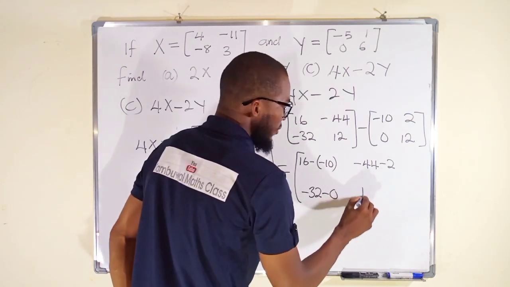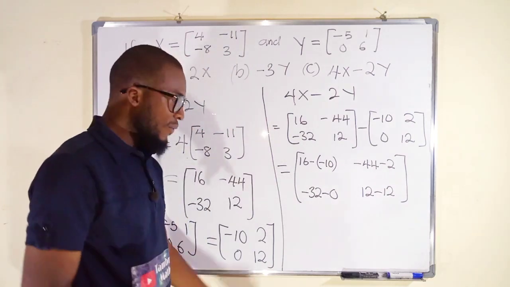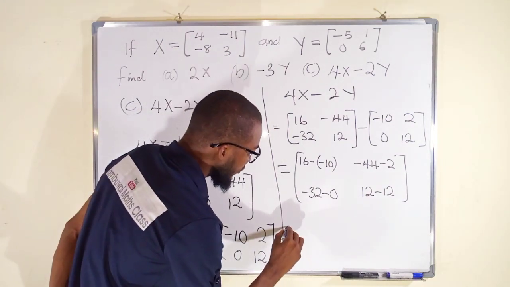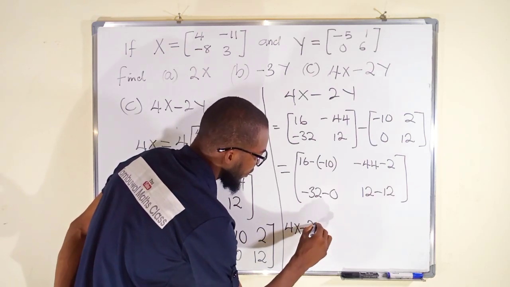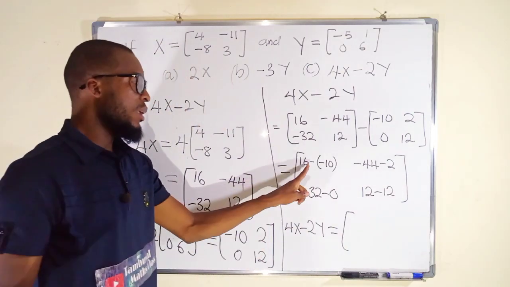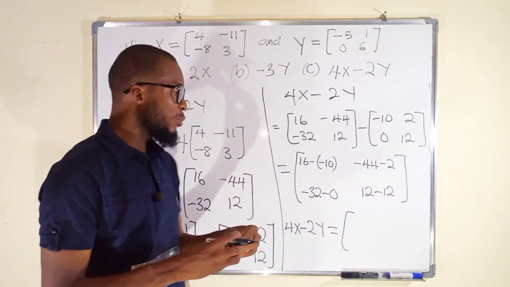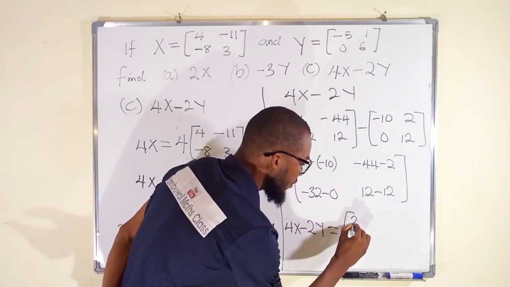Then the last but not the least, 12 minus 12. We simplify and obtain our final result. So finally, we can write 4x minus 2y equals the new matrix. You know, minus minus, we'll change it to positive. 16 plus 10 is going to make it 26.